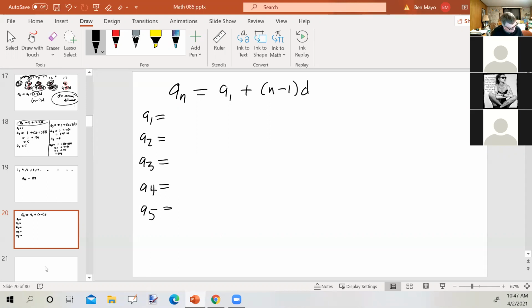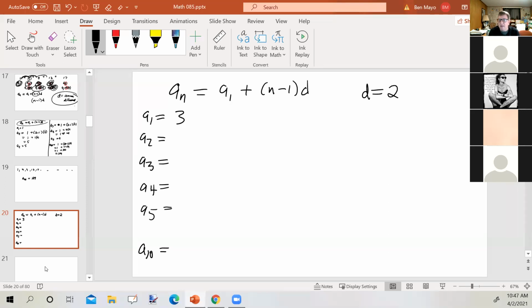It says the first term is 3, and the common difference is 2. And then it says, find the 10th term. So we're supposed to find the first 5 terms and then the 10th term.